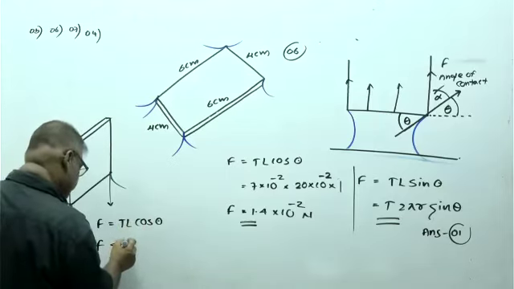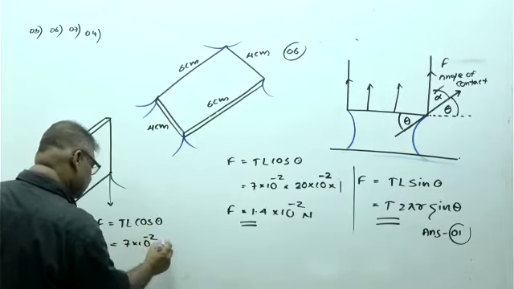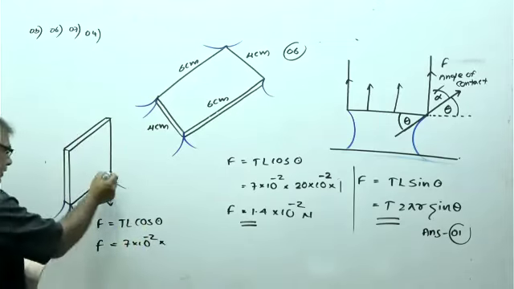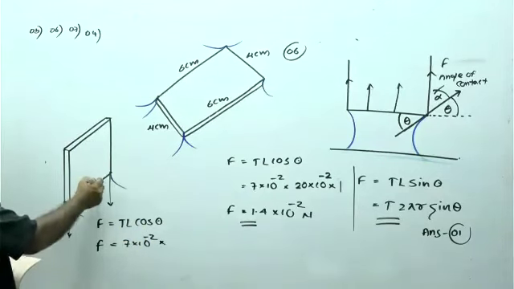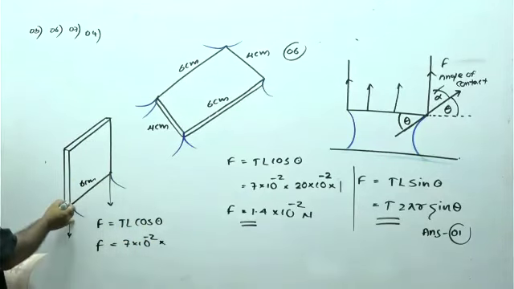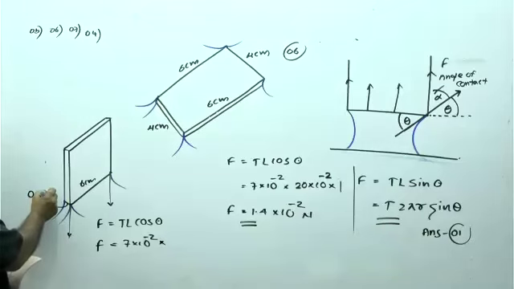TL, T, 7 into 10 to the power minus 2. Put here L is this side long length, no? 6. එහා පැත්ත 6. 6 12 මෙතන thickness is 0.2 centimeter.